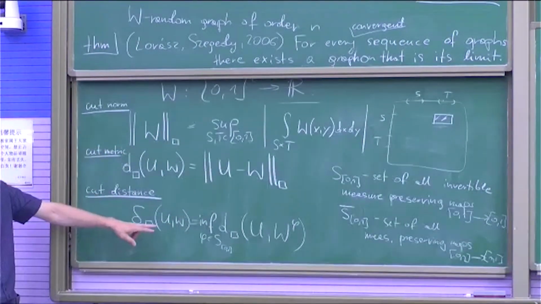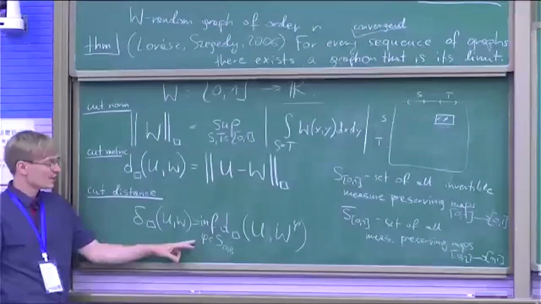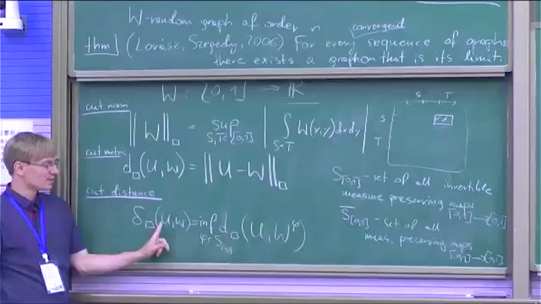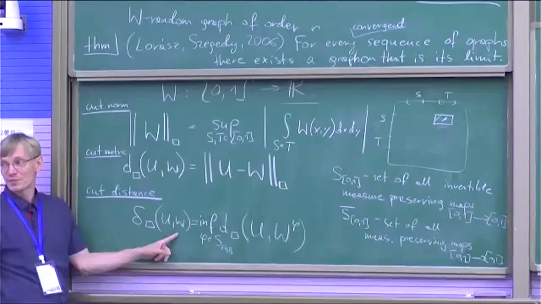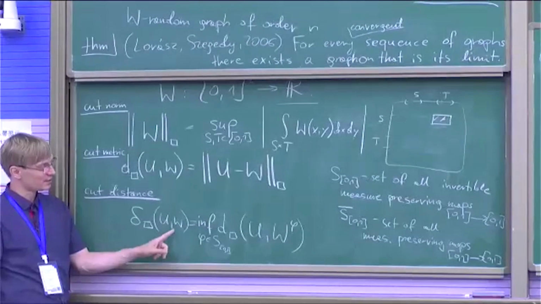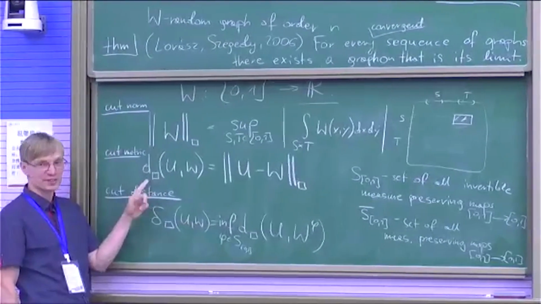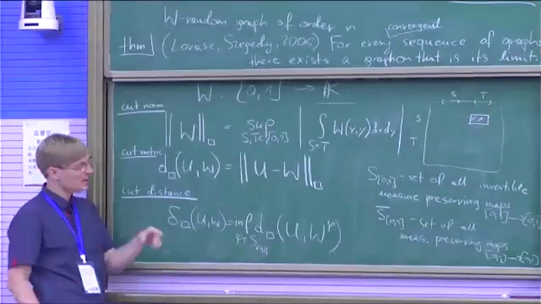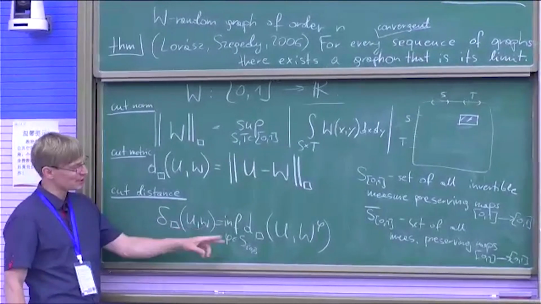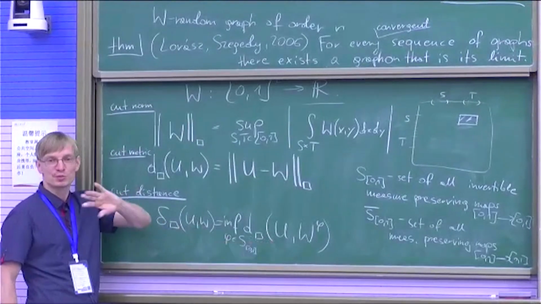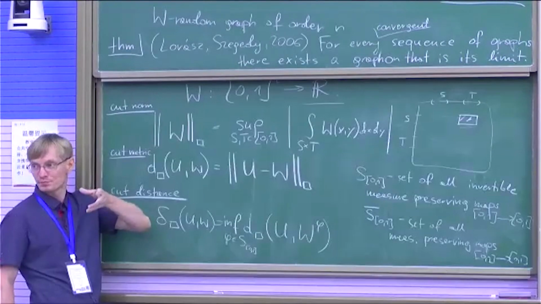In other words, I want to know how far graphons U and W are. I look at this cut metric, not between U and W, but between U and any possible reshuffling of W.